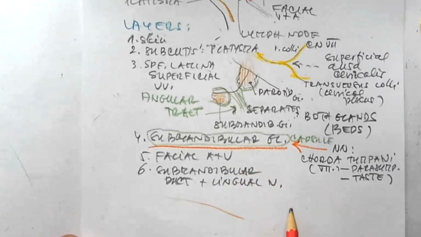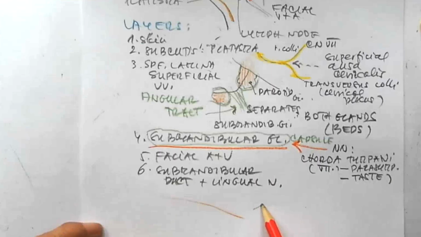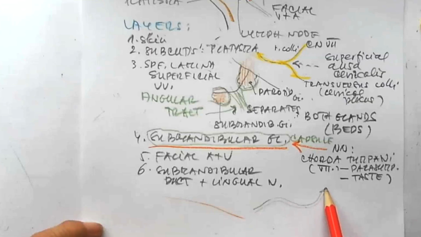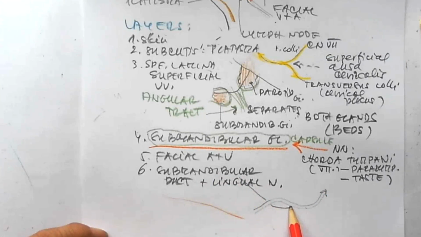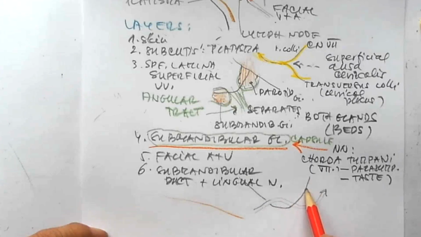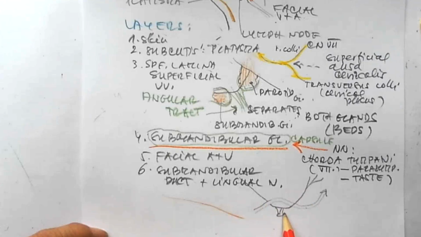And I think I can just sketch again the duct, which runs like that superiorly, and then lingual nerve forming an arch here, like that, yes, passing under, above, ascending, and to the nerves is attached the ganglion.